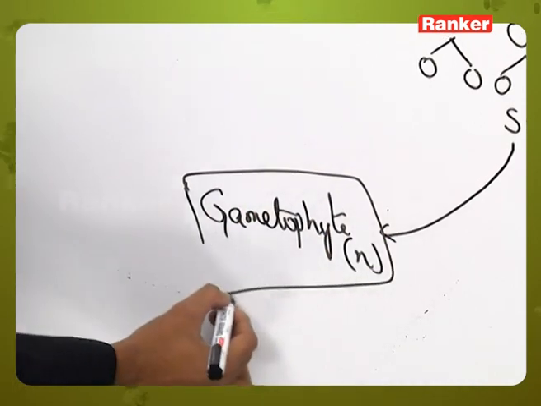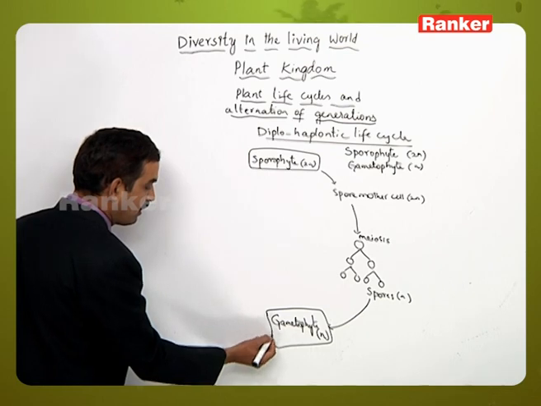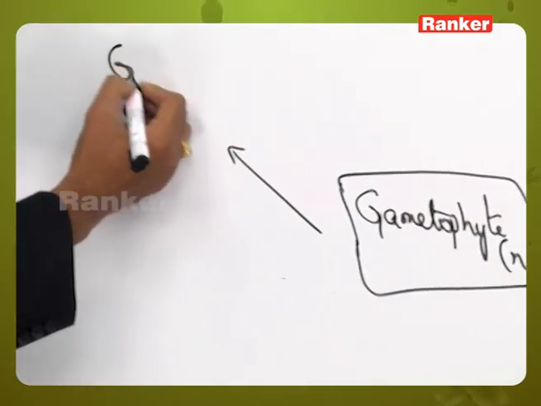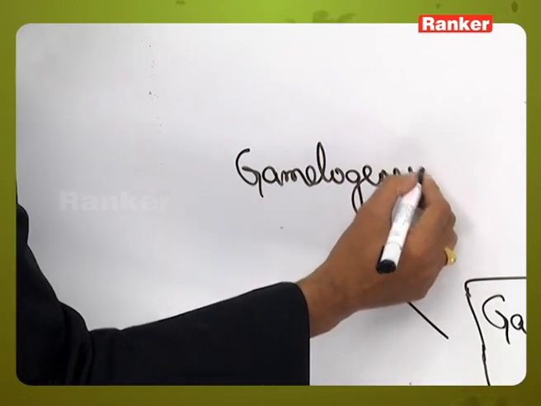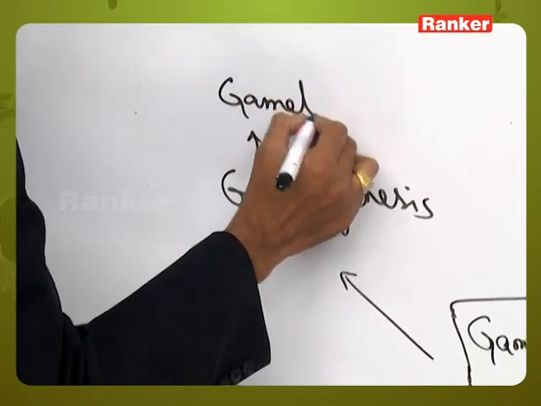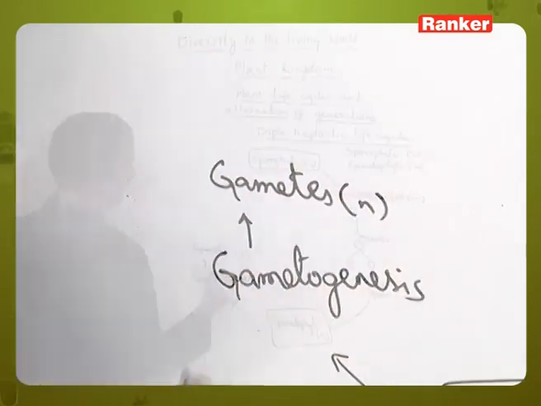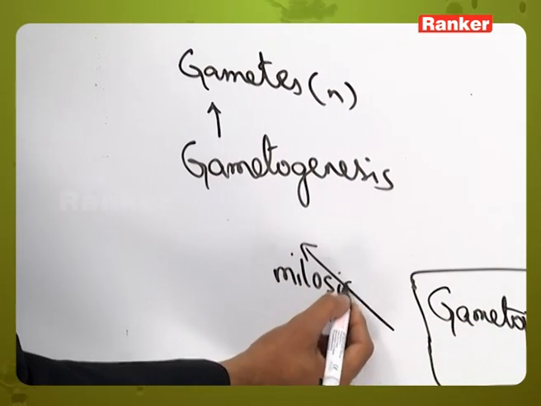Then this is a sexual stage which starts producing the sex organs, leading to the formation of gametogenesis. That is, gametes are formed which are haploid in condition. This gametogenesis will occur by a process called mitosis.